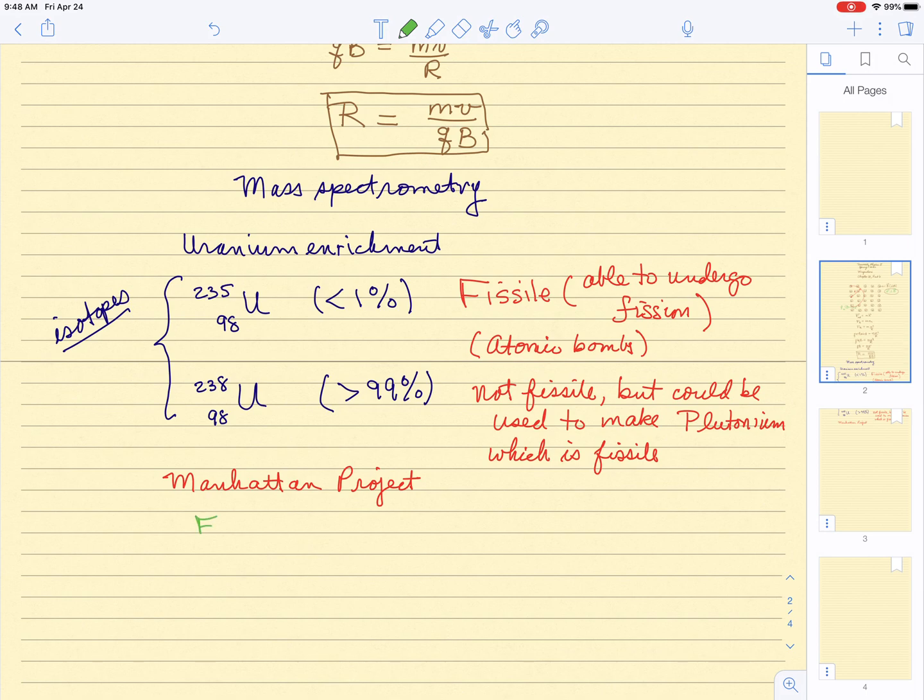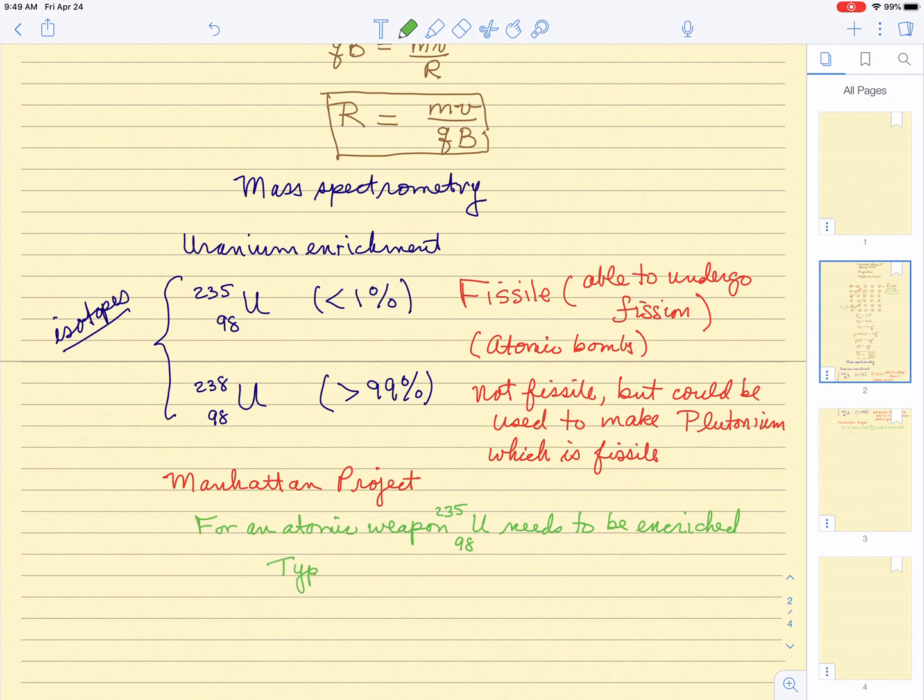For an atomic weapon, right, uranium-235 needs to be enriched, because the uranium ore out of the ground is not sufficiently high in uranium-235 to be weapons grade. So it needs to be enriched.